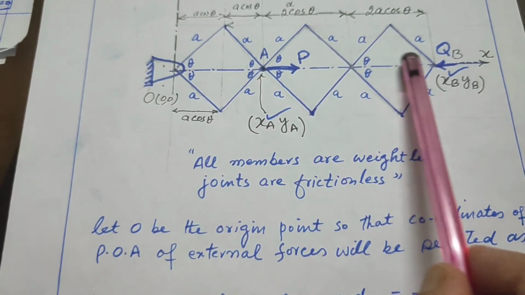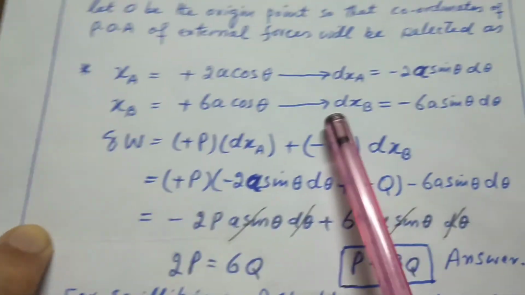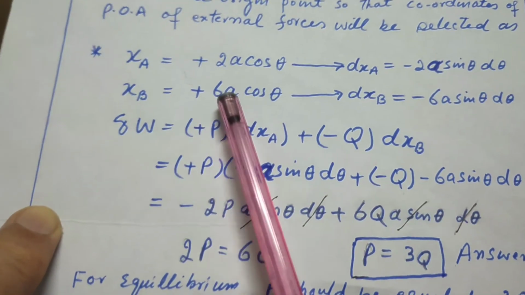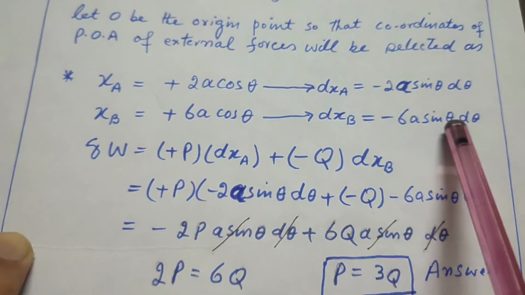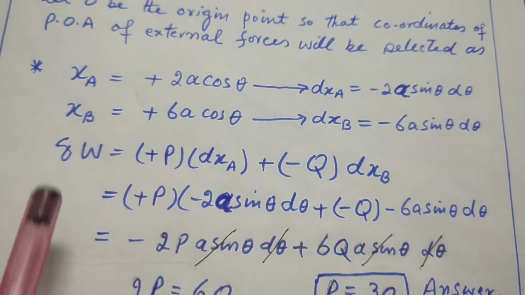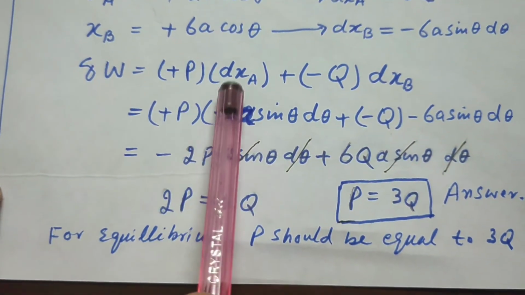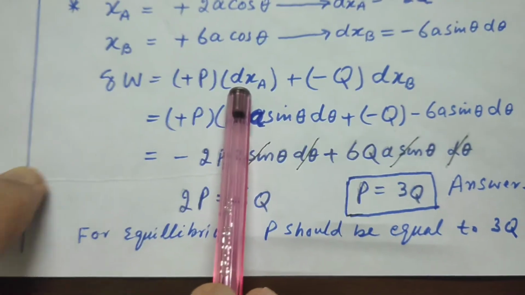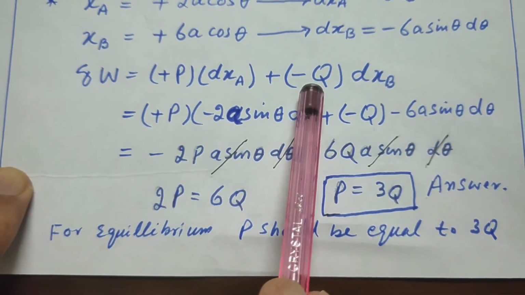This total distance is 6A cos theta. And if we differentiate this, minus 6A sin theta into d theta. If we apply the virtual work equation, this will be force P into virtual displacement dxa plus force Q, the sign will be minus because it's lifting.